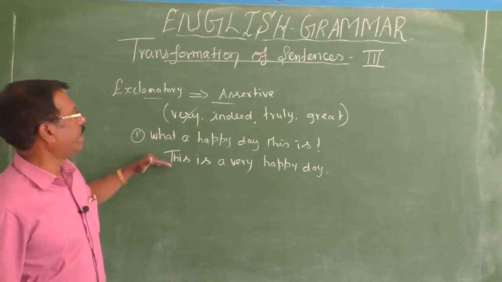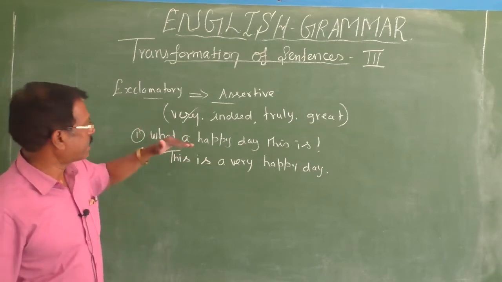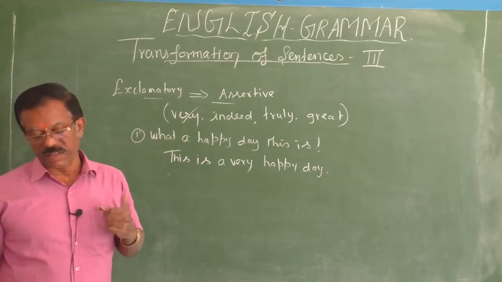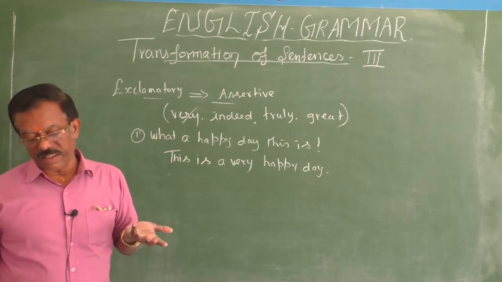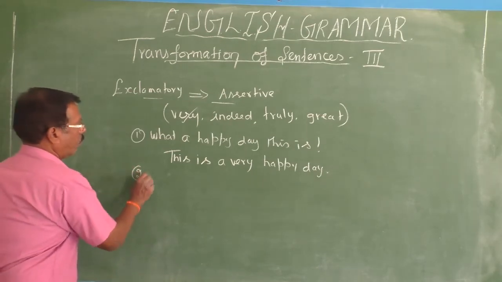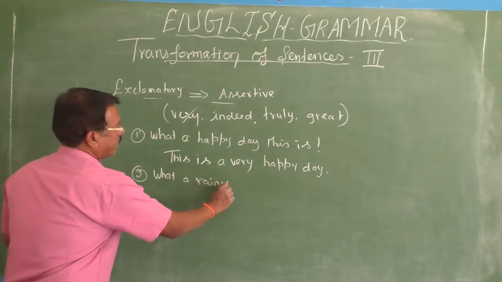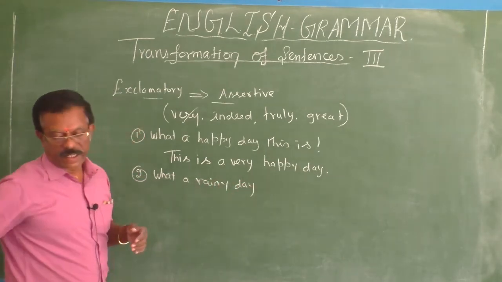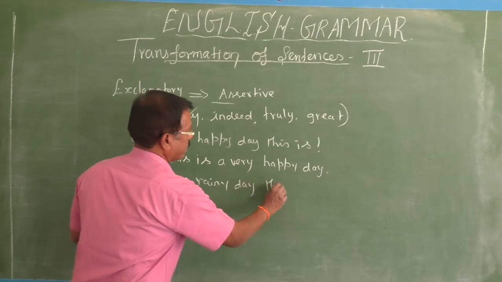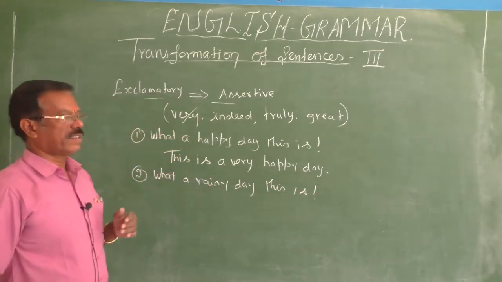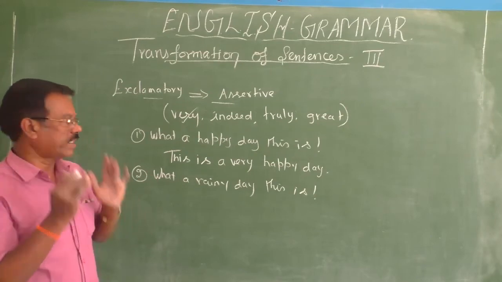So in this way, you can change an exclamatory sentence into an assertive sentence. I'll give you some more examples. What a rainy day this is. Second example, what a rainy day this is. So this exclamatory sentence should be changed into an assertive sentence.